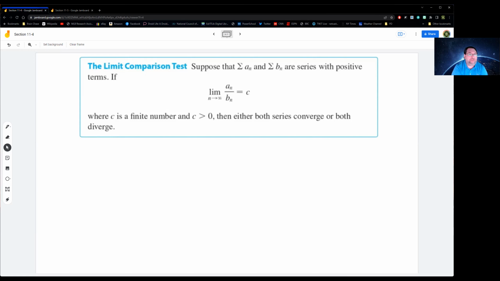Then either both series converge or both series diverge. So this is for those situations where it goes the wrong direction for the comparison test. This allows me to test it a little differently. And then the direction of it doesn't actually matter because we're going to do a comparison with this test.